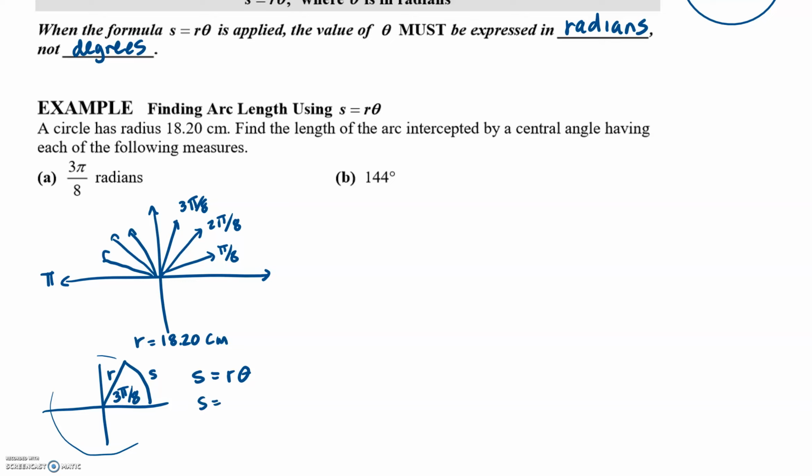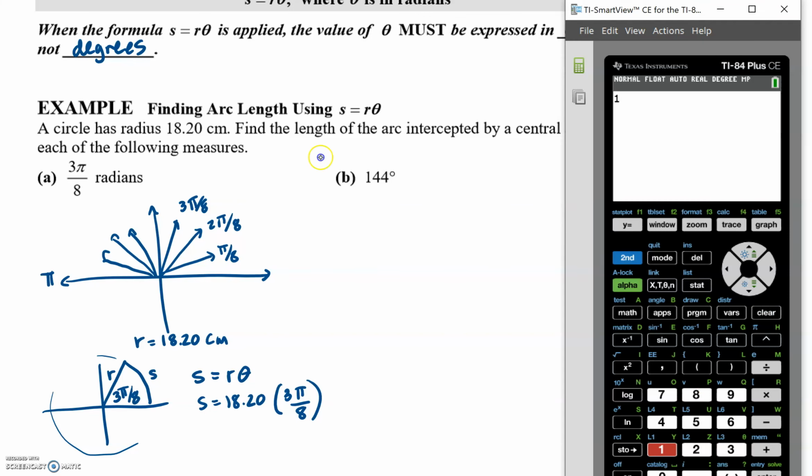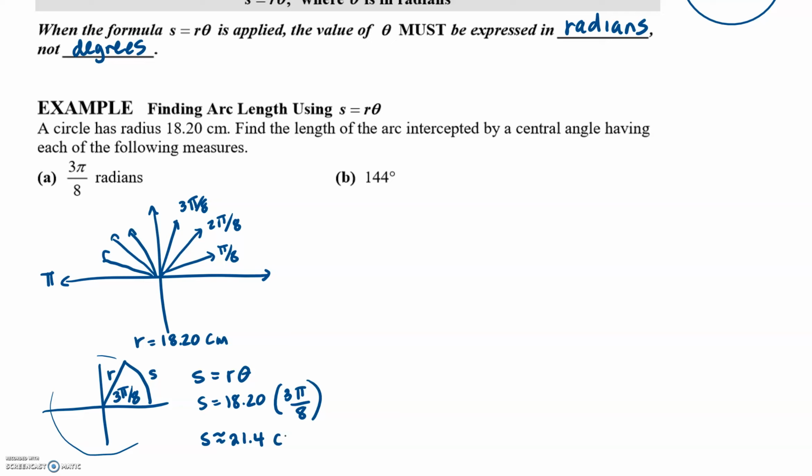The R is going to be 18.20 centimeters, and we're going to multiply this by our theta in radians, 3 pi over 8, which I could just do on my calculator. 18.20 times 3 pi, divided by 8, and we should get the arc length about 21.4, and that is in centimeters since the radius was in centimeters. And that would be the answer.